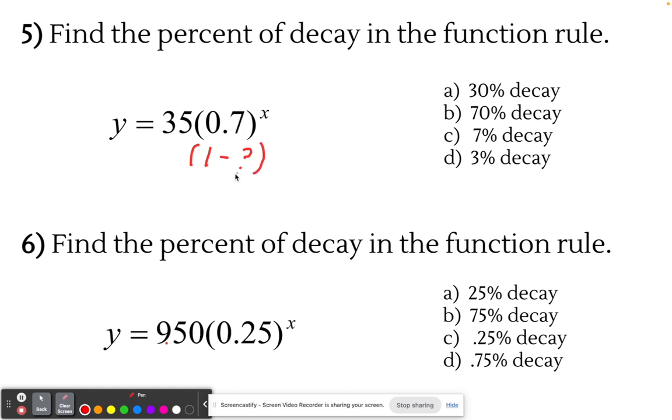Well, that's going to be 0.3, which is 30%. Here I have 0.25. Well, 1 minus what will give me 0.25? Well, that's 0.75. So that's 75% decay.